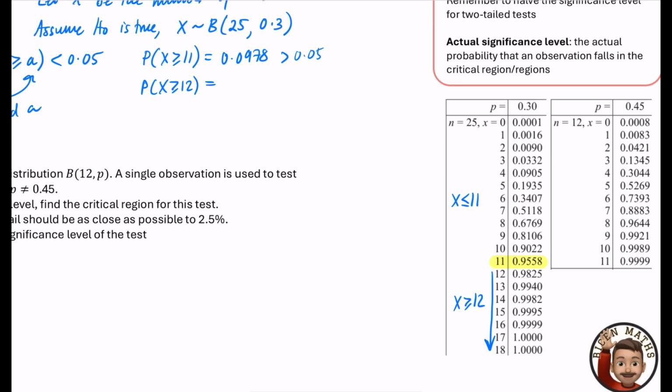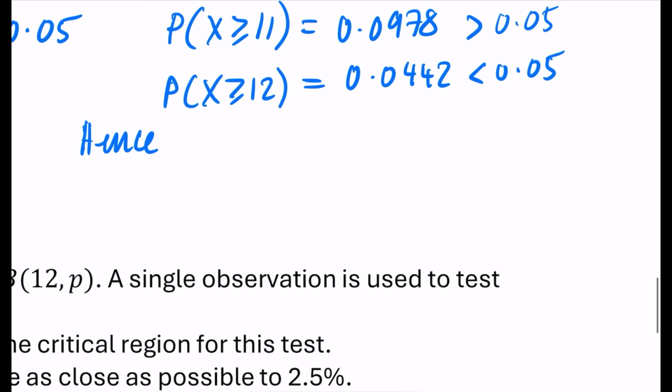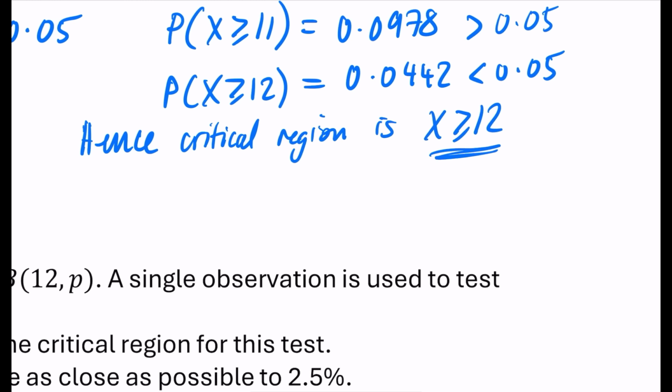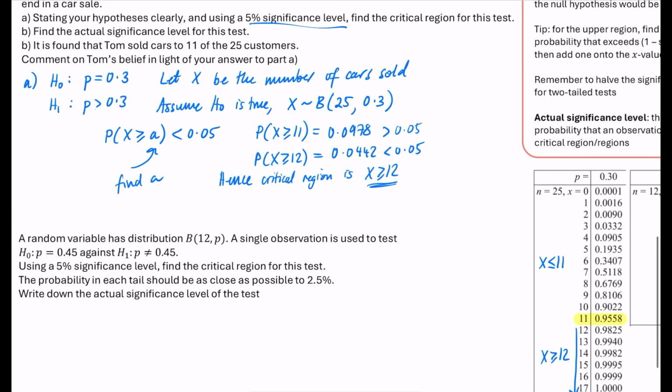That's 1 minus 0.9558. That is 0.0442. That is less than 0.05. Hence, the critical region is x is greater than or equal to 12. It's the first one that goes below it.